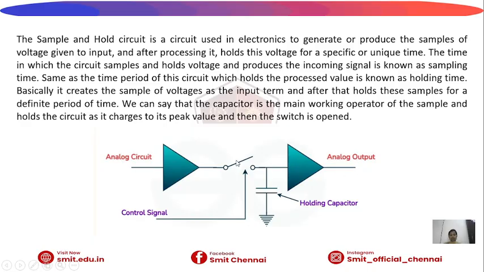If it is open, the signal goes to the holding capacitor, which holds the input signal for some period of time. Then it is given to the output. So this is called a sample and hold circuit. It samples the input and also holds the input signal.